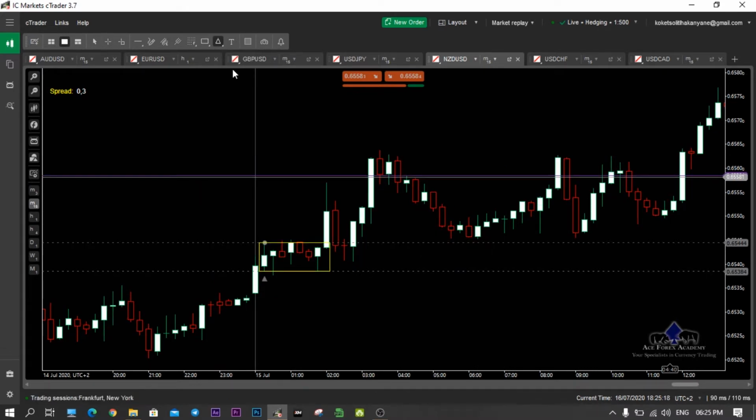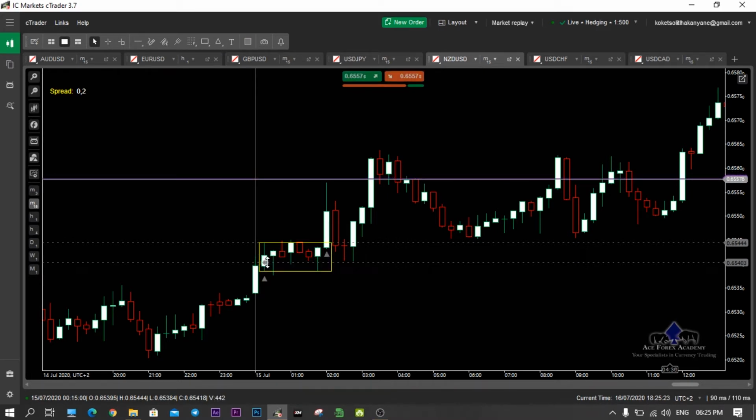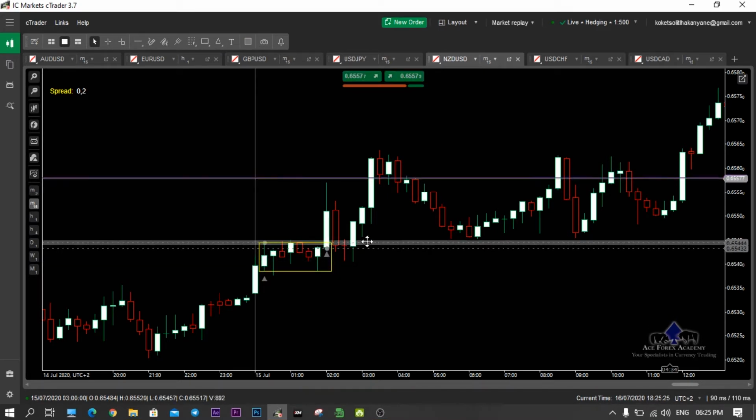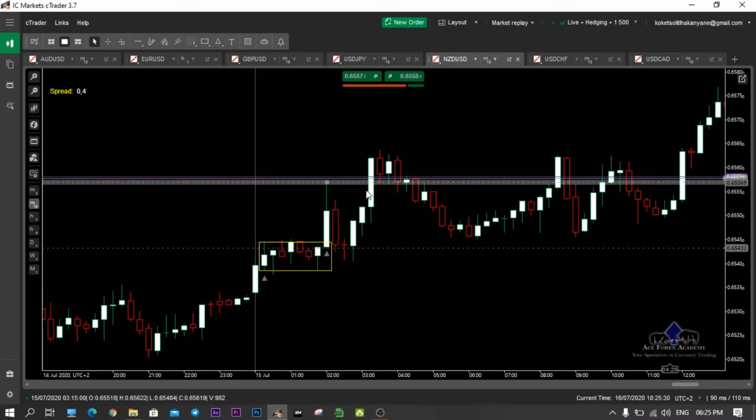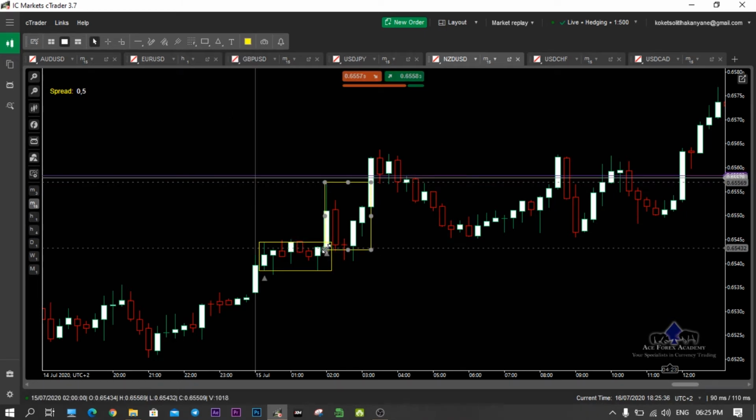Price went further, then gave us a breakout with the bull still being in control. And after the breakout, we then had another area of consolidation right here. Let's mark it out.